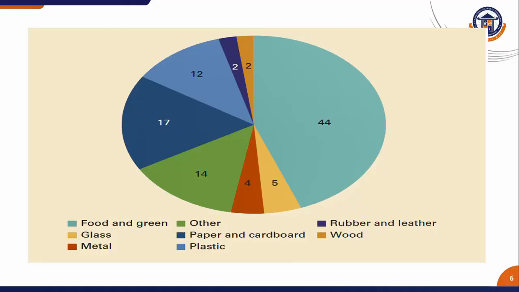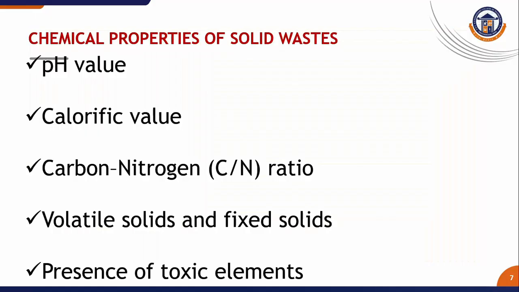Food and green waste is almost 44 percent, glass 2 percent, metal 2 percent, and others 14 percent. Paper and cardboard is 12 percent, plastics 17 percent, rubber and leather around 12 percent, and wood is 4 percent.